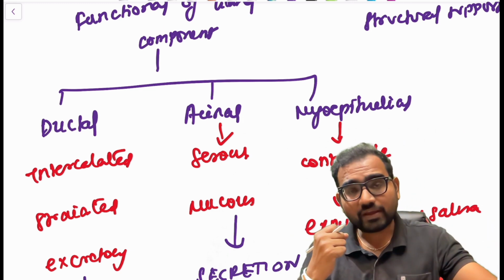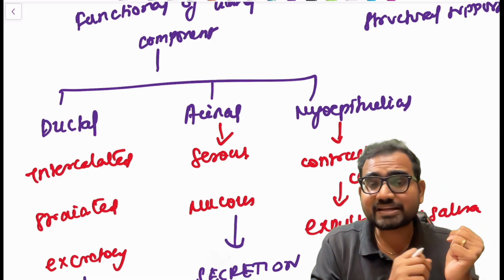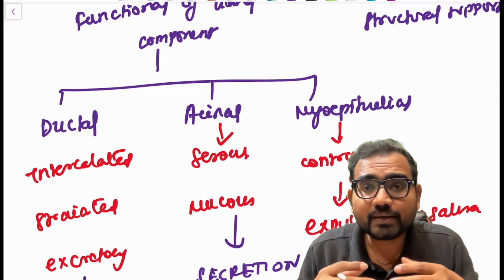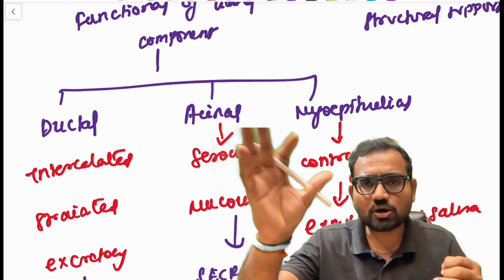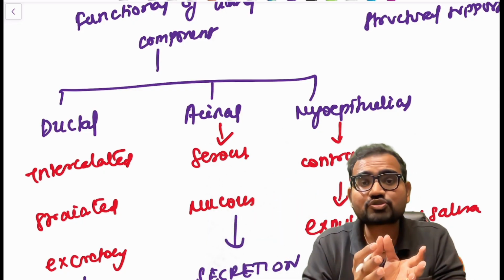So it will have an epithelial component, and one important function of the myoepithelial cells, apart from contractile activity, is that it is helpful in production of extracellular matrix. What do you mean by extracellular matrix? That is a stromal component. So the myoepithelial cells also help to form the stromal components.